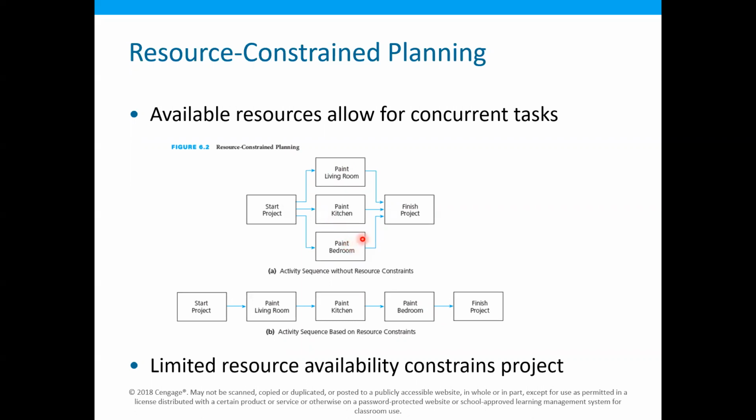That one painter works at one location, and once that work is completed, moves to the other location, and then to the third. So in resource constraint planning, those parallel activities which occur simultaneously become serial activities. In this case, the activity sequence will be based on the resource constraints.